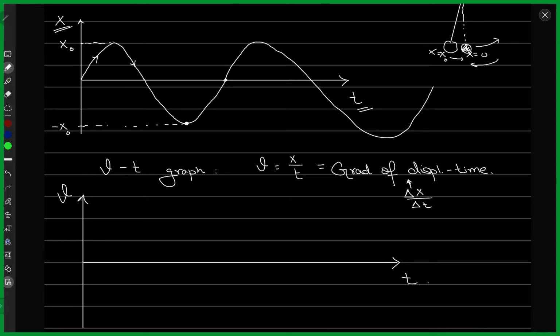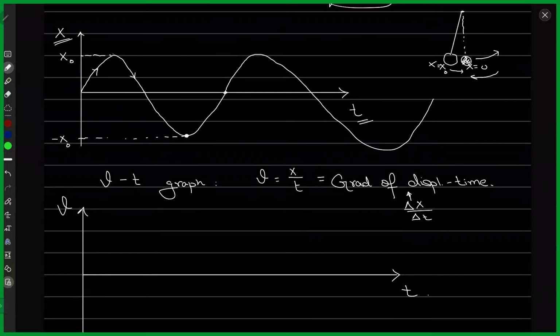Now let's see. Initially, we know that if I raise this pendulum bob and then I release it, it's going to have the highest possible velocity when it is at the center. And then it's going to rise again. And why do I say that?